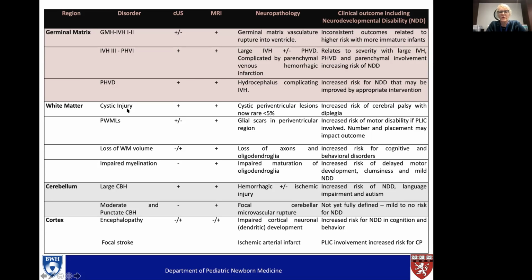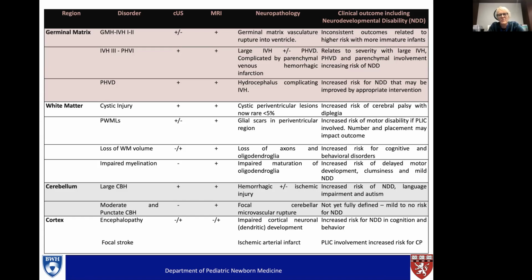When you think about germinal matrix and intraventricular hemorrhage, the vast majority of this is very visible on cranial ultrasound and has been shown to relate to neurodevelopmental outcomes, particularly in high grade, grade 3 and 4, and particularly if it's complicated by post-hemorrhagic ventricular dilatation, which can benefit greatly from serial measurements of the ventricular dilatation and preventing severe ventricular dilatation. So MRI can help in delineating a little extent, but cranial ultrasound is going to be the backbone of defining this type of brain injury.